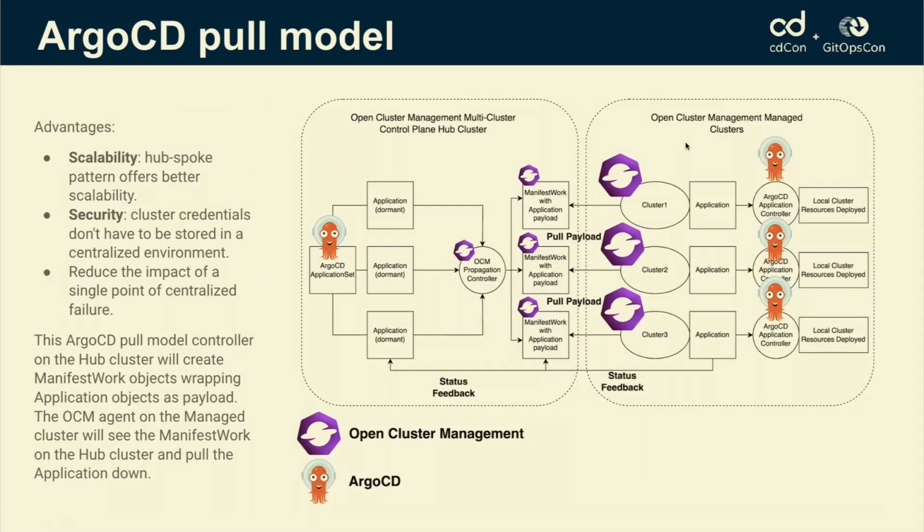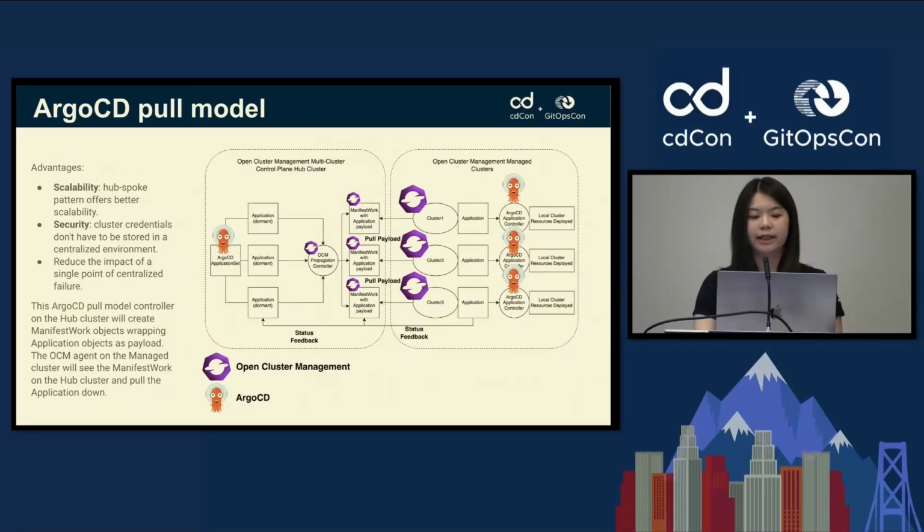What we are proposing, and which is currently merged by the Argo CD community, is the Pull model. You can see that aside from the Argo CD icon, we now have the OCM icon, which is the purple-ish cloud thing. So we now interact in between the Argo CD hub and managed clusters. Same thing on the hub cluster, you still have the Argo CD operator, and it's going to generate the applications.